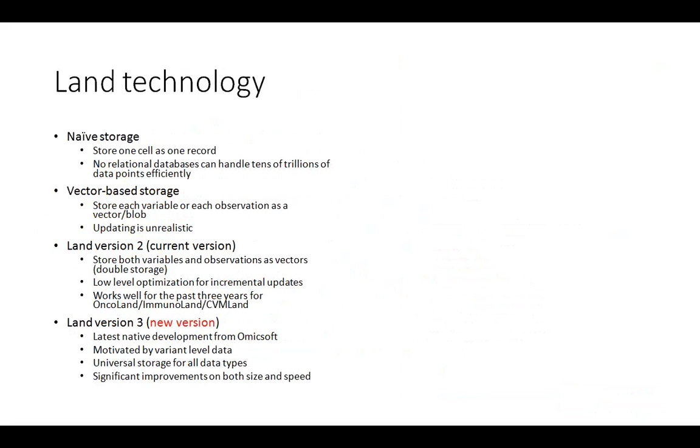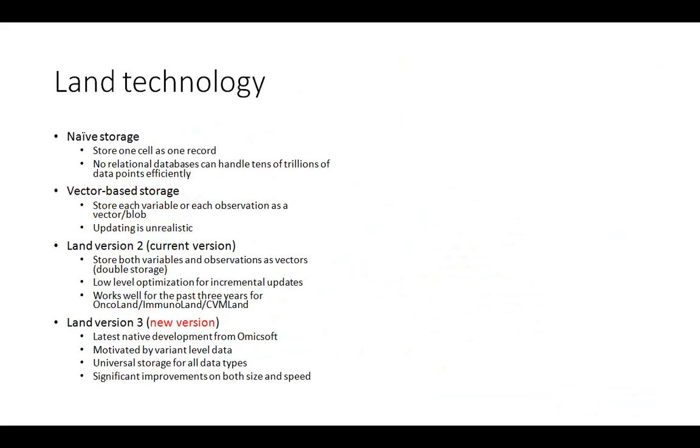I want to spend a little time on this Land technology because I said we have a breakthrough, and this breakthrough is what we call the third version of Land. When we talk about this two-way matrix, there are existing solutions.